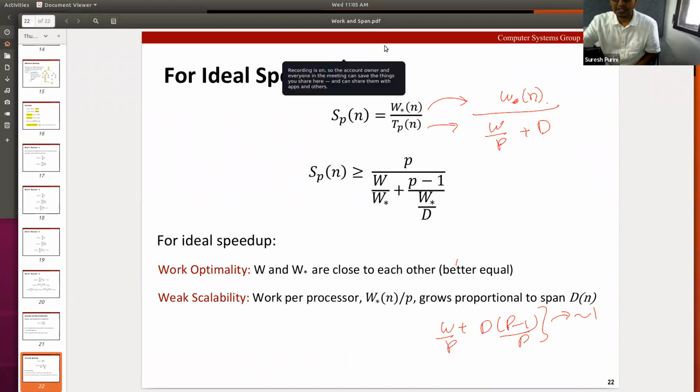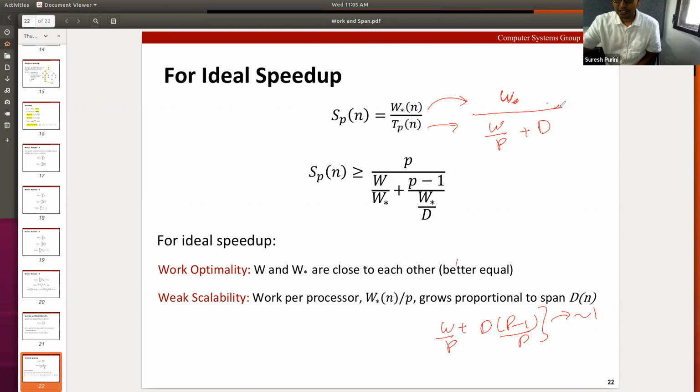Okay, so what happens is, let's remove this. Let's assume that this n is all the time there. So what we have is W star divided by, please pay attention, we would like to get something interesting out of this. This gets simplified to W star times P divided by W plus PD.